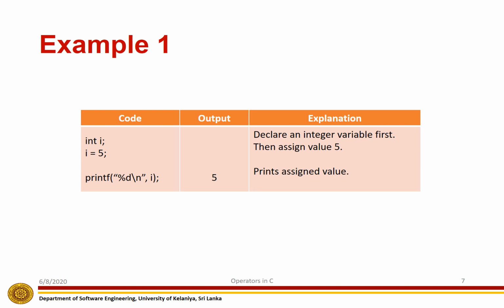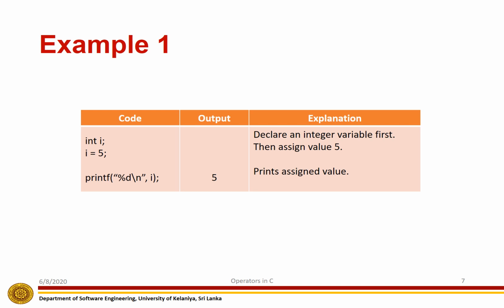For that we have to use the printf statement. In here, inside the brackets, inside the double quotes, %d, \n, and after that a comma, i. Here %d is to get the value in i, to print the value of i.